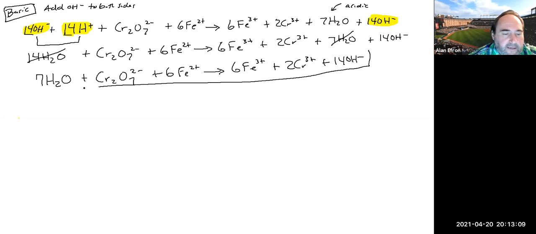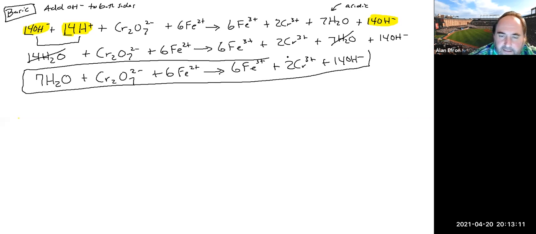At this point, if I didn't screw up anything, always a chance, but hopefully not, this equation as well should still be balanced both ways. So let's just make sure of that really quick. Again, we have hydrogen, oxygen, chromium, and iron. Left-hand side, we have 14 hydrogens.